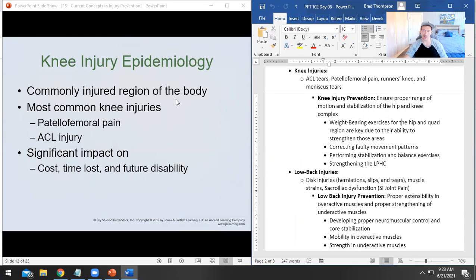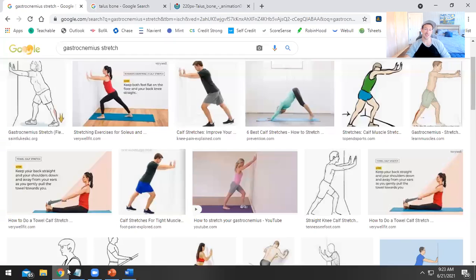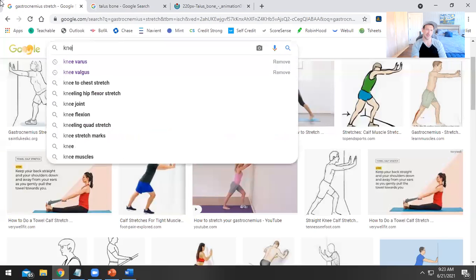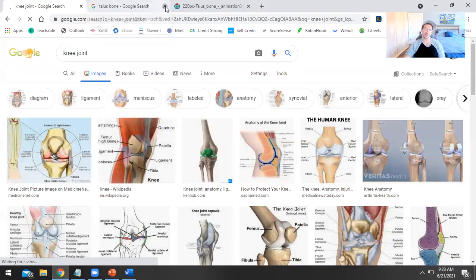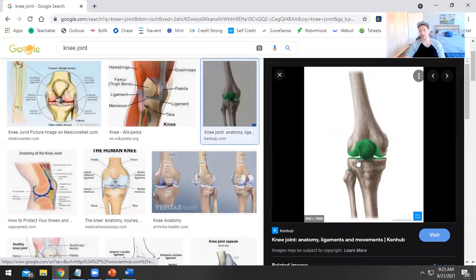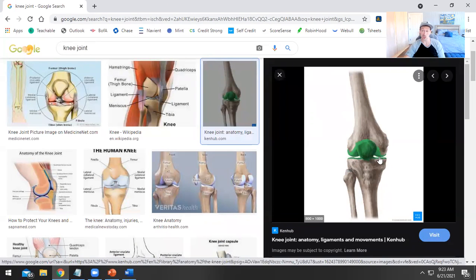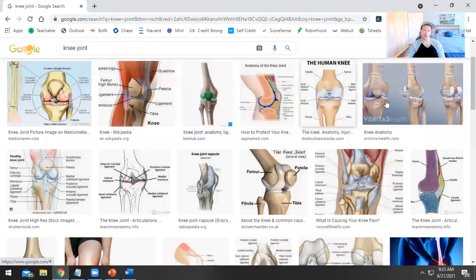Very commonly injured area. Your knee is trapped between two of the most mobile joints in your body, and it is the largest joint that you've got. Look at how much surface area is here. That's a huge joint compared to the rest of the body.